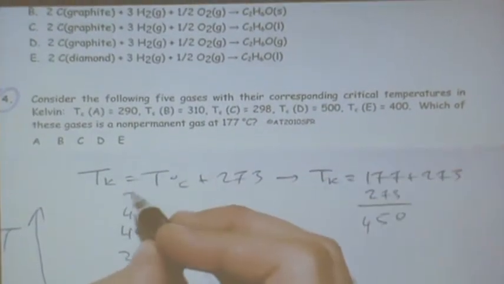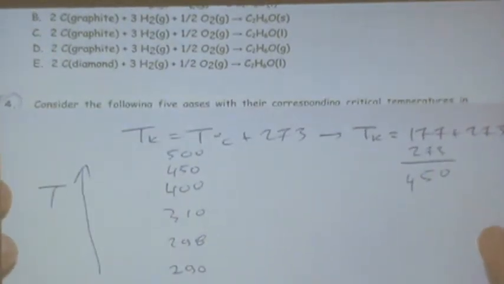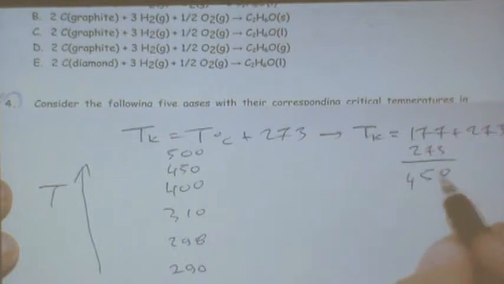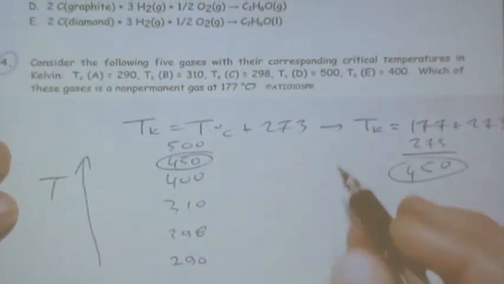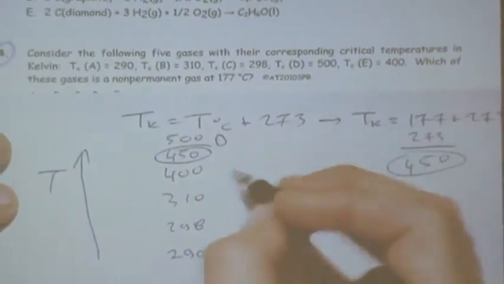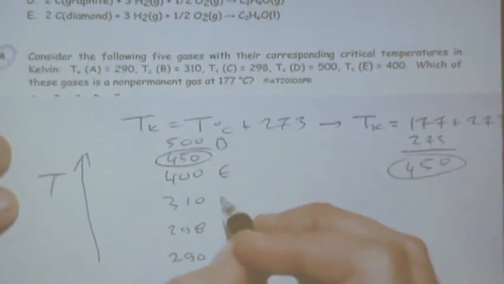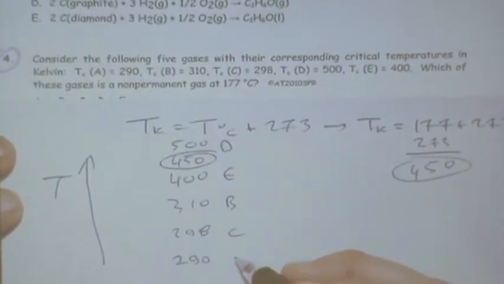And then 500. Okay, can you see that? So 500 is what? B. 400 is what? E. 310 is B. 298 is C. And 290 is A. Okay?